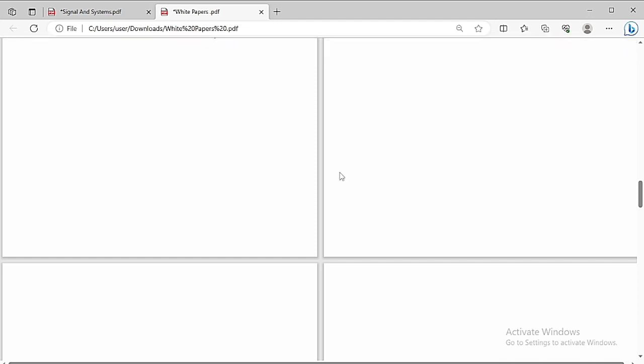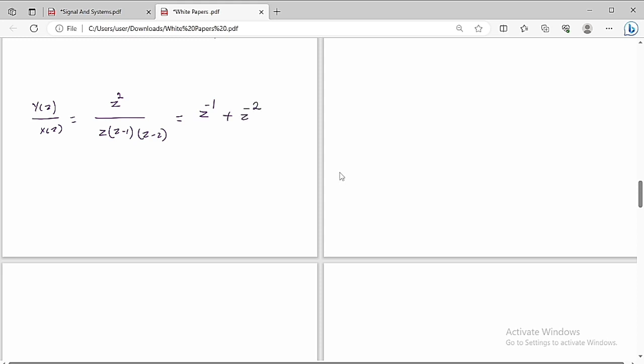Suppose H(z) is nothing but Y(z) by X(z). Suppose here the numerator has degree 1, and here the denominator has degree 2, like z minus 1 into z minus 2. Then finally, let me assume you are going to get z to the power of minus 1 plus z to the power of minus 2.